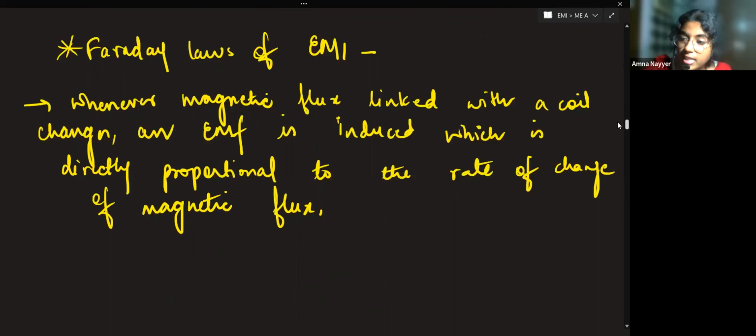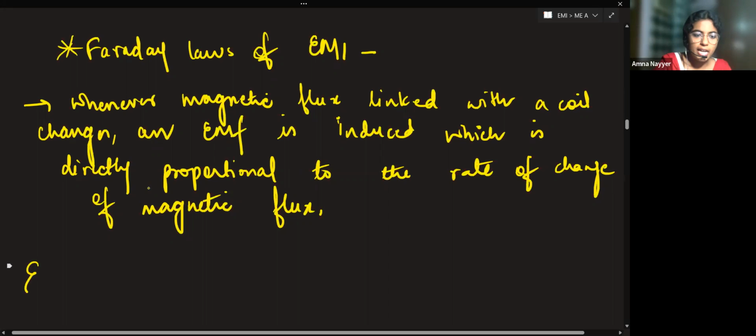Whenever magnetic flux linked with the coil changes, an EMF is induced in it. This is the first point. Whenever magnetic flux linked with the coil changes, an EMF is induced in it, which is directly proportional to the rate of change of magnetic flux. It means I can write EMF directly proportional to rate of change of magnetic flux.